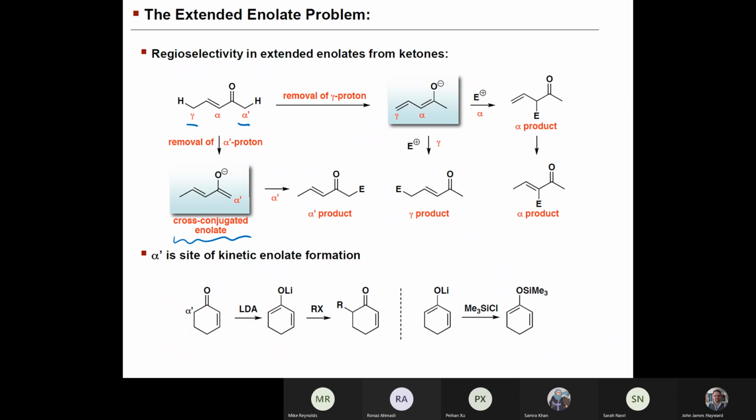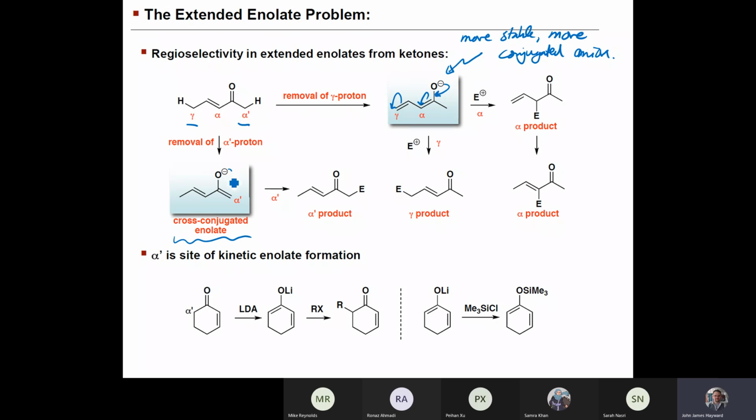Well, this all very much depends on the conditions. Hopefully you can imagine that this is a more stable, more conjugated product anion. Okay, we can delocalize the electron density onto the alpha position or onto the gamma position, and of course onto the oxygen itself, which is the main contributor.